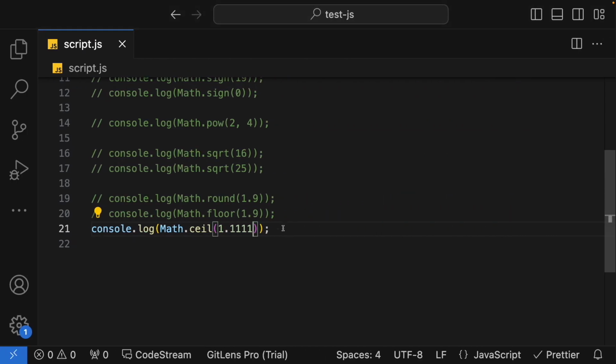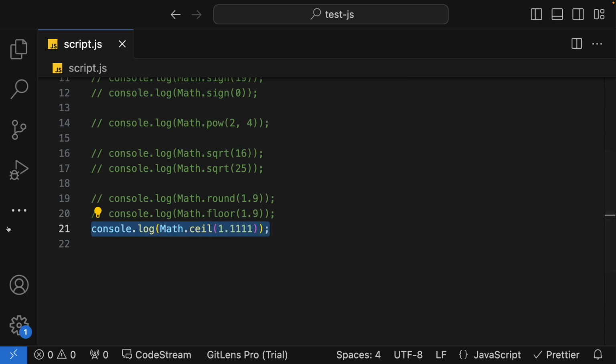Okay, now we have seen how we can do the round, or come down with the floor, or go up to the next integer number by using the ceil. But what happens if we sometimes don't want this fractional part? We just need our integer number.